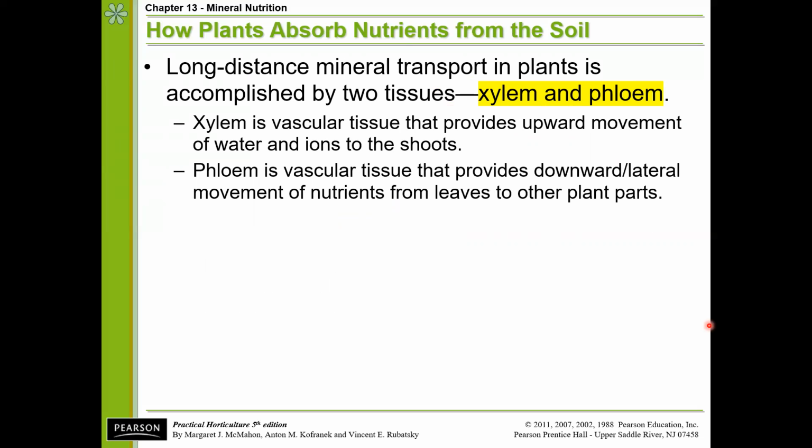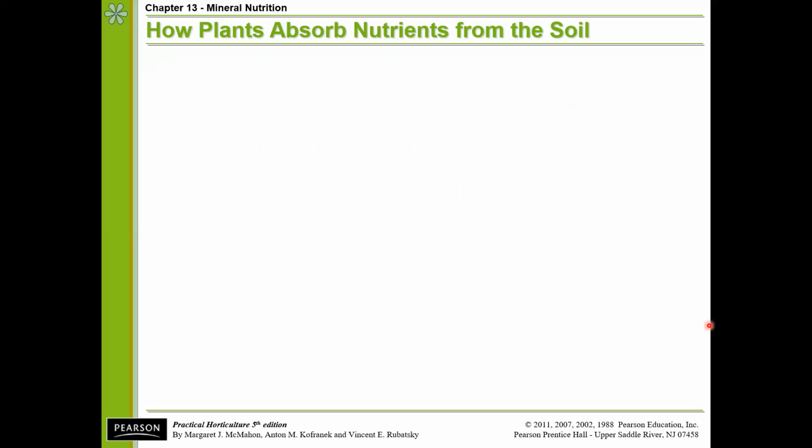So xylem mostly moving upward from the roots to the shoots, phloem moving kind of all directions, but mostly from the leaves, the solar panels of the plant, the energy producers, to other parts of the plant, including the roots. So xylem carries water, phloem carries food. It's a little bit more complicated than that, but that's how I remember and distinguish the two.